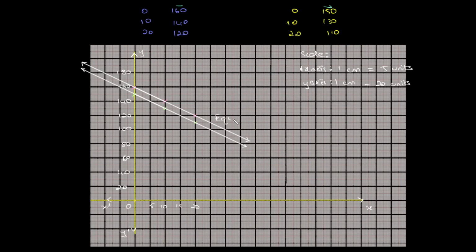This represents equation A, equation B, and 20 comma 120. This is 20 comma 110. This is for 10 comma 140. This is 10 comma 130. This is 0 comma 160. And this is 0 comma 150. And these are your set of values.